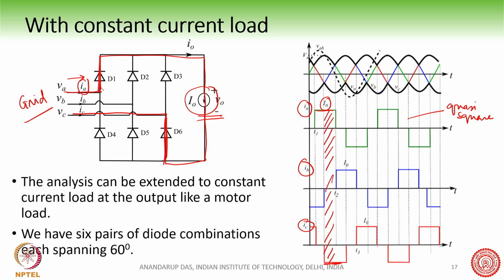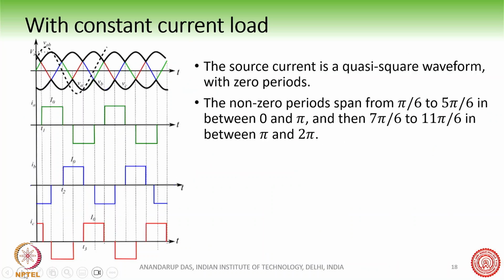There are 6 pairs of diode combinations, each spanning 60 degree, so we have a quasi square current waveform coming from the source, with a zero period of course. As I have told you many times, this is not very welcomed by the grid.